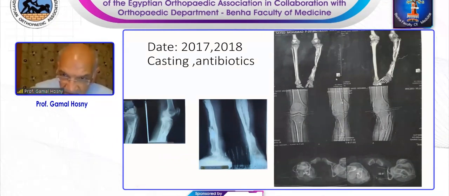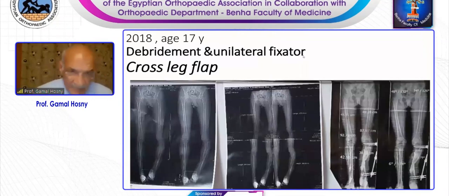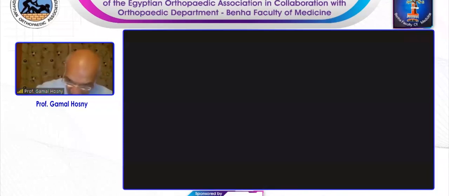And you see the picture during this time. Then he had debridement, unilateral fixator, and cross-leg flap. So this was the unilateral fixator.